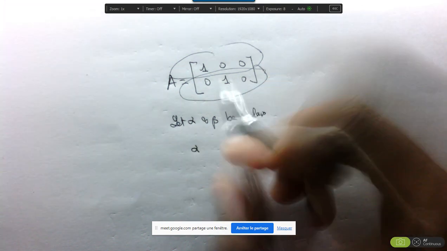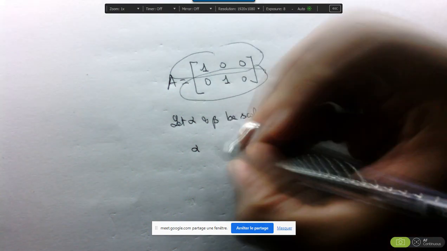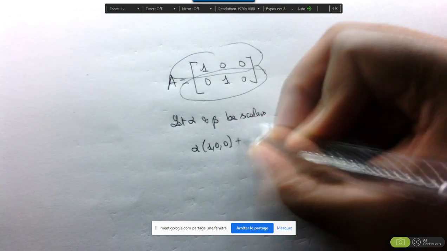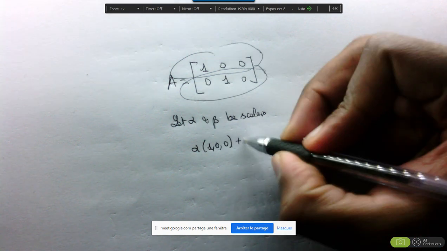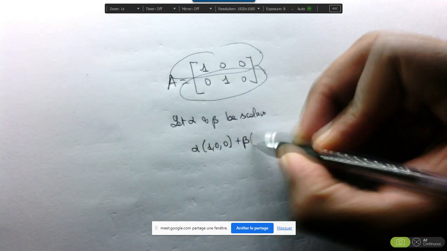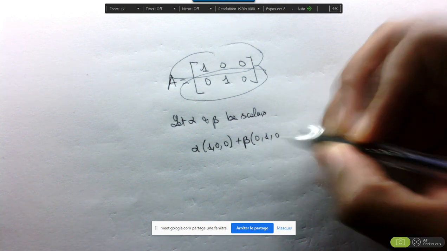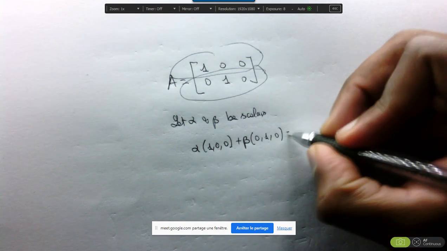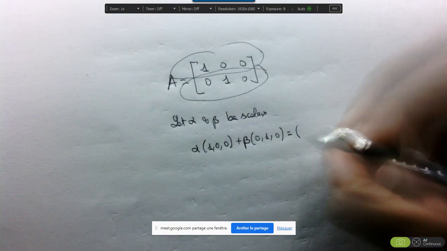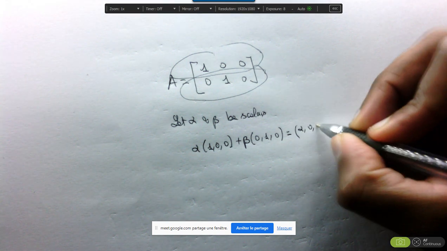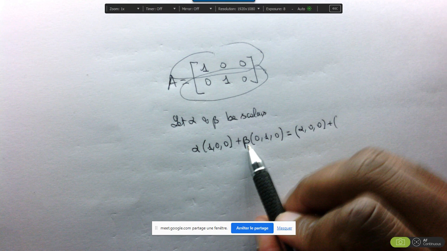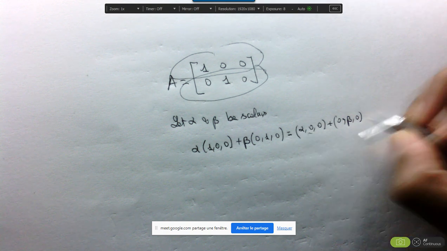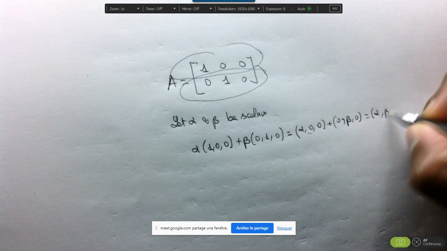So alpha row 1, that is here, 1 0 0, plus beta multiplied by this row. If I actually multiply, I'm going to have alpha 0 0 plus 0 beta 0, and I can add the items: alpha, beta, and 0.